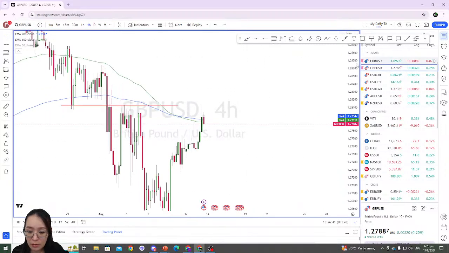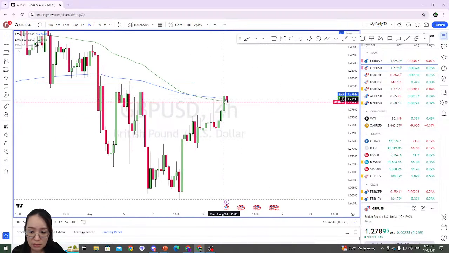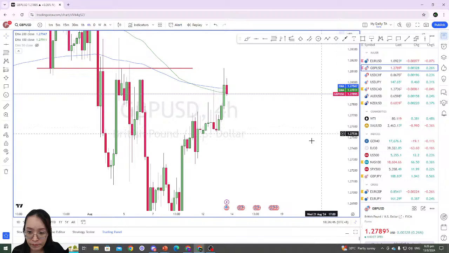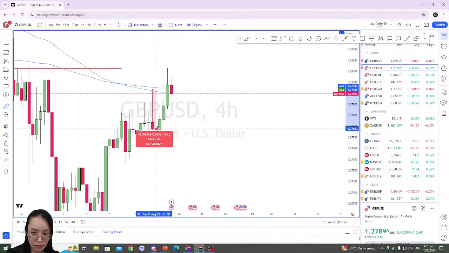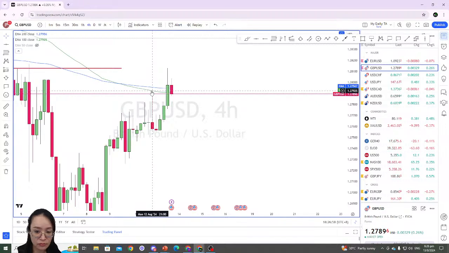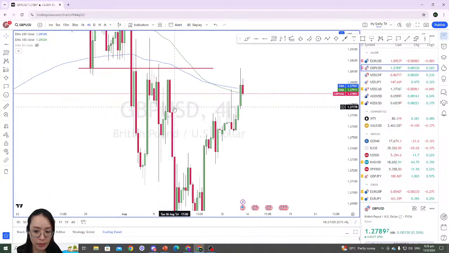GBP somehow again is acting at the resistance. It seems like now they might break, but once price comes, you can see the rejection and then falling, how many pip from EMA to this one, 35 pip. Now it's acting as resistance, but I think it might want to break above.